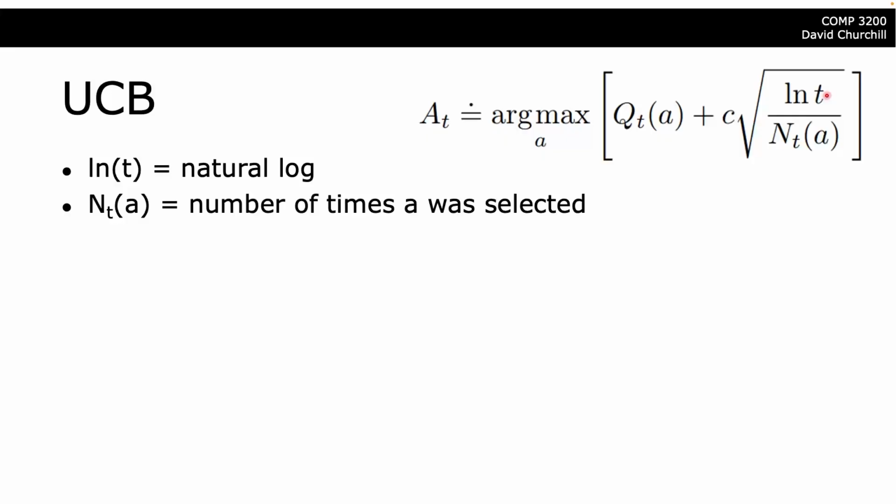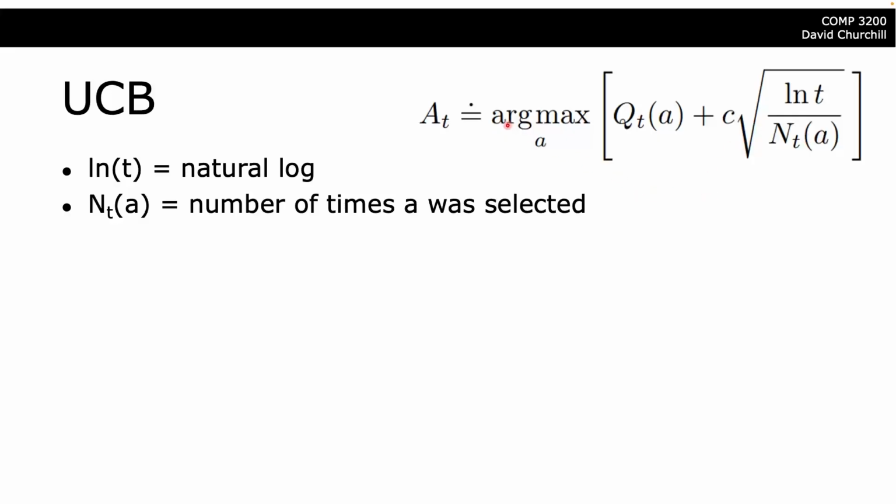So if we've taken 100 total actions and we divide that by a high number, so let's say of the 100 total actions, we've tried this action 90 of those times, right? So as this number goes up, because it's in the denominator, our uncertainty goes down. So the more often we perform an action, this value is going to become less.